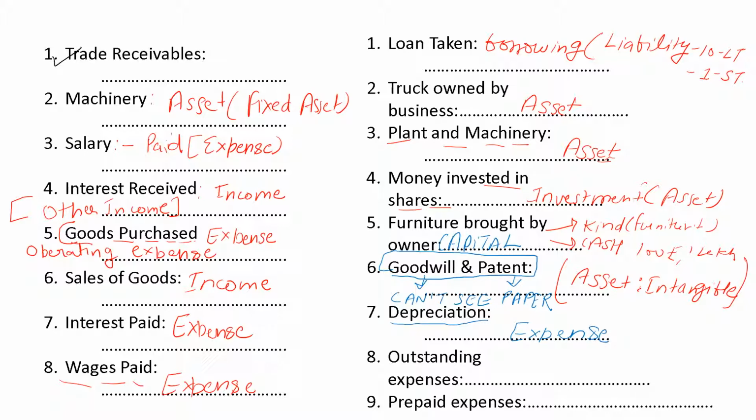Outstanding expenses refers to any particular expense that we have incurred but not yet paid. For example, if I take the services of a laborer but have not yet paid him or her, that would be an outstanding expense. We have an obligation to pay on some future date, so because of the obligation it becomes a liability.